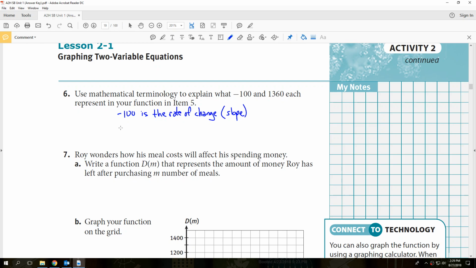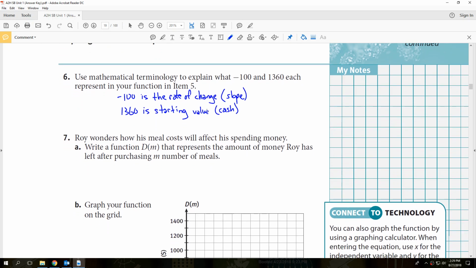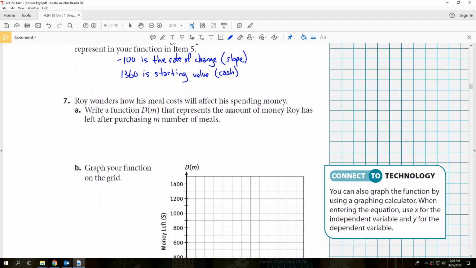And 1360 is the starting value, or cash starting value. All right. And I guess I could add in here, negative 100 is the price per ticket. We could do that, but I think they may ask that later on. I'm not really sure. Anyway, number 7.